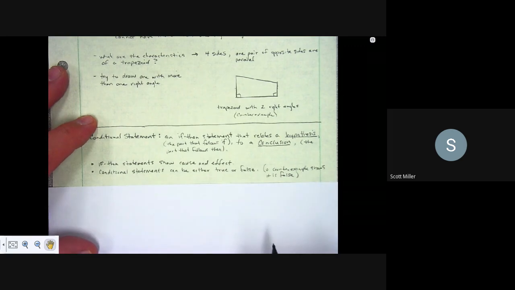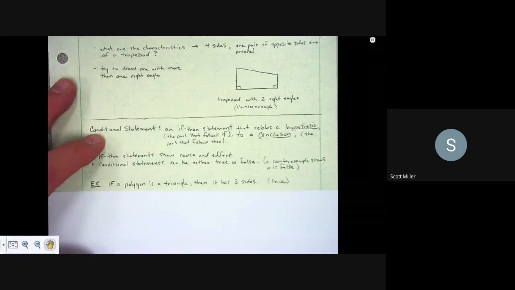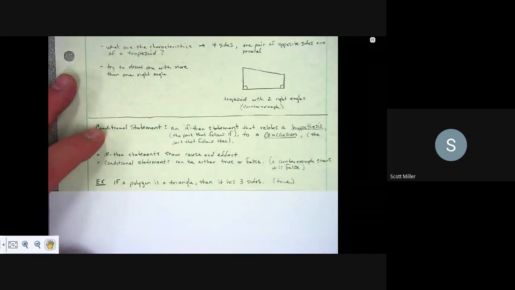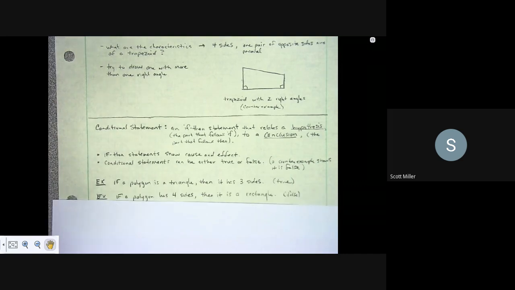Okay, and so here's an example. If a polygon is a triangle, then it has 3 sides. Well, that's true. If a polygon has 4 sides, then it is a rectangle. So these are conditional statements. If this, then this.